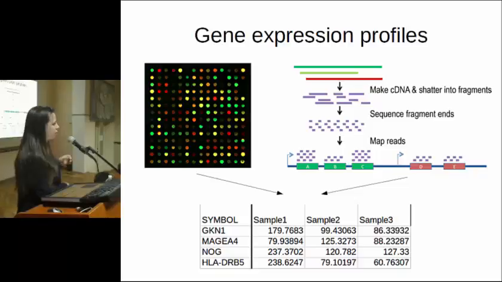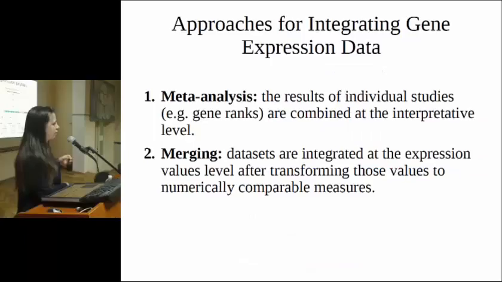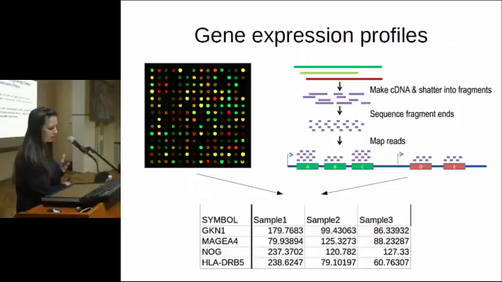And if we talk about data integration within the same data type, we have two cases. The first is meta-analysis, so the results of individual studies are combined. And the second one is merging, so we need to adjust our numbers in a certain way so they can be comparable between different experiments.